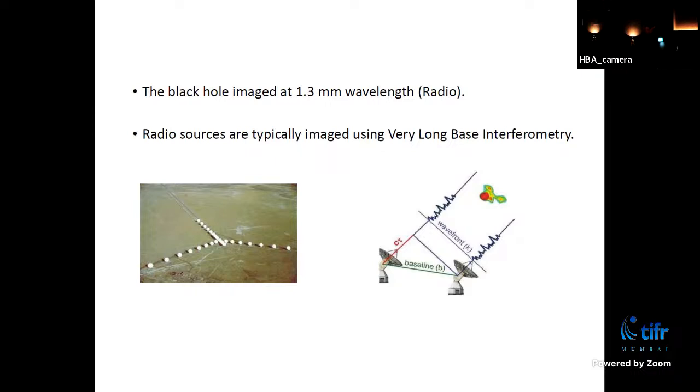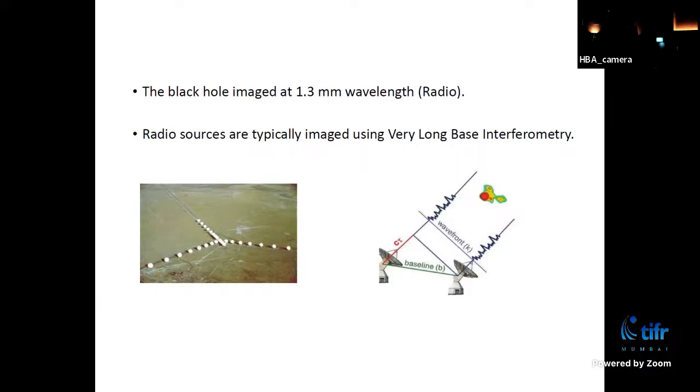If we compare an optical telescope and a radio telescope of the same dimensions, the resolving power of the optical telescope is much larger because its wavelength is much smaller. So for radio telescopes, we would need to make very big telescopes, and that is not possible practically. So what scientists do is use an array of telescopes. This is an array of radio telescopes where each white dot is a telescope. These telescopes have been arranged in this Y-shaped pattern.